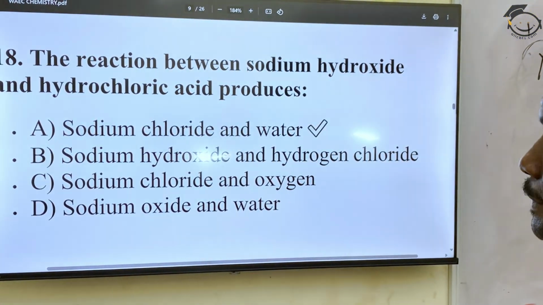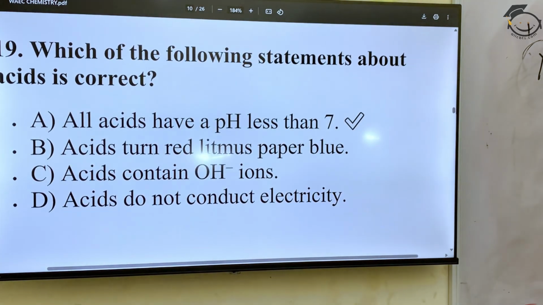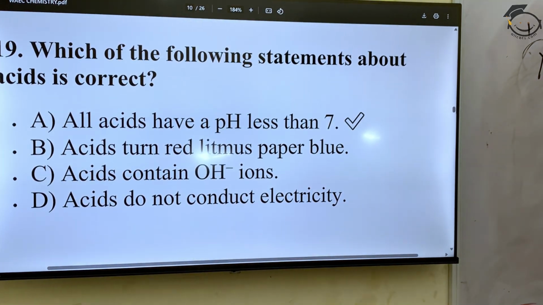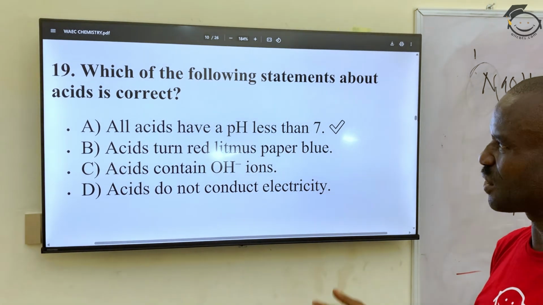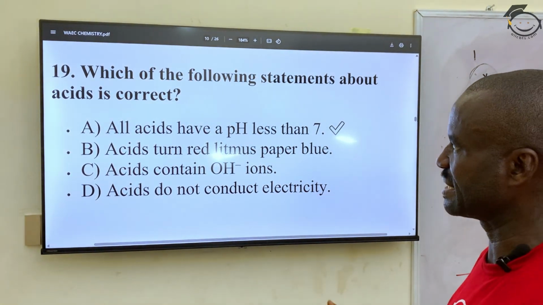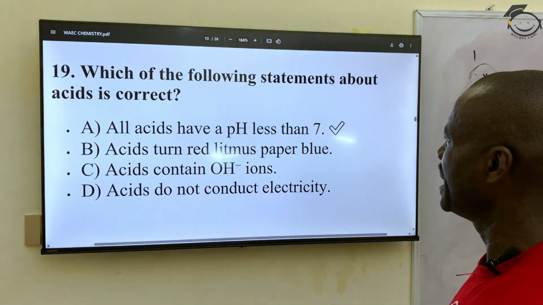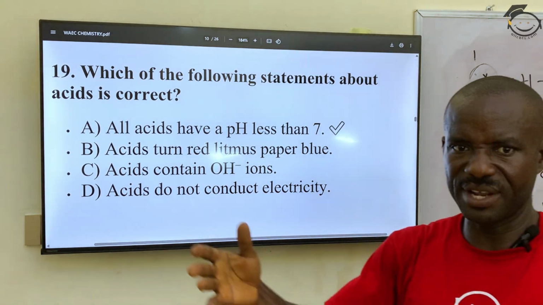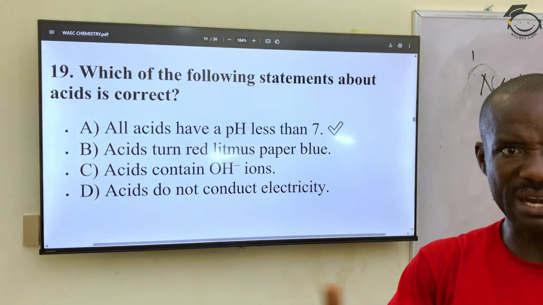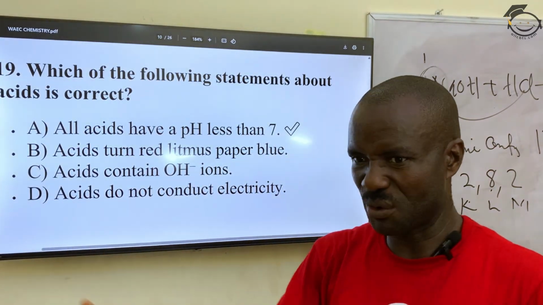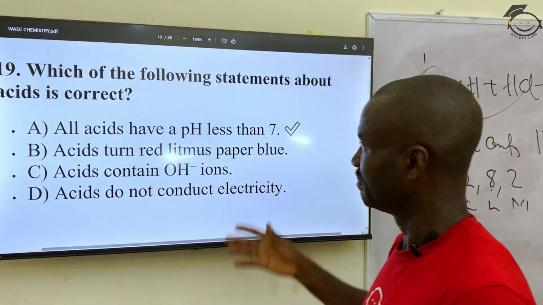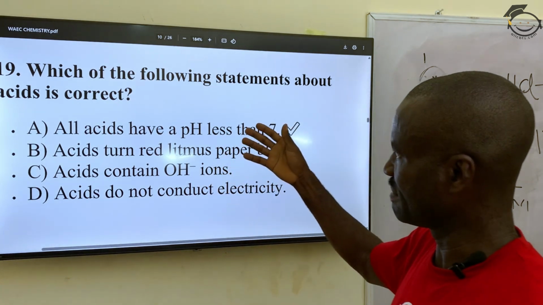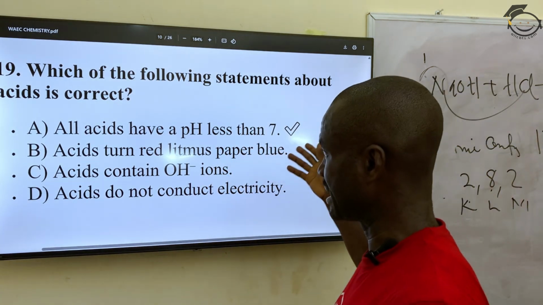Question 19. Which of the following statements about acid is correct? What defines an acid? A, all acids have a pH less than 7. We know the pH scale ranges between 0 and 14. So between 0 and 7, all substances with that pH are called acids.